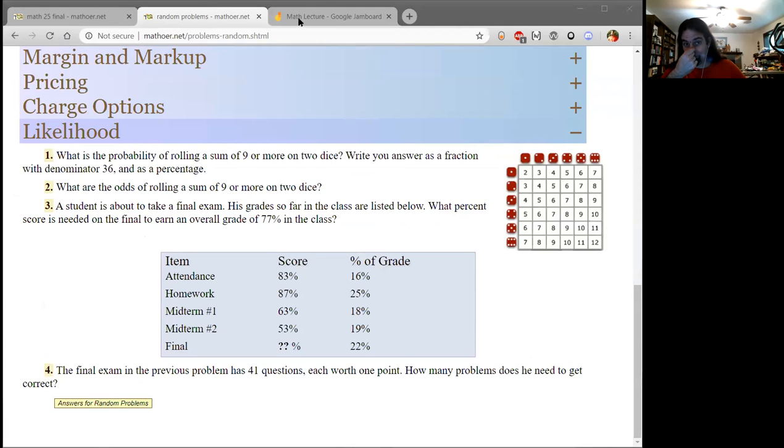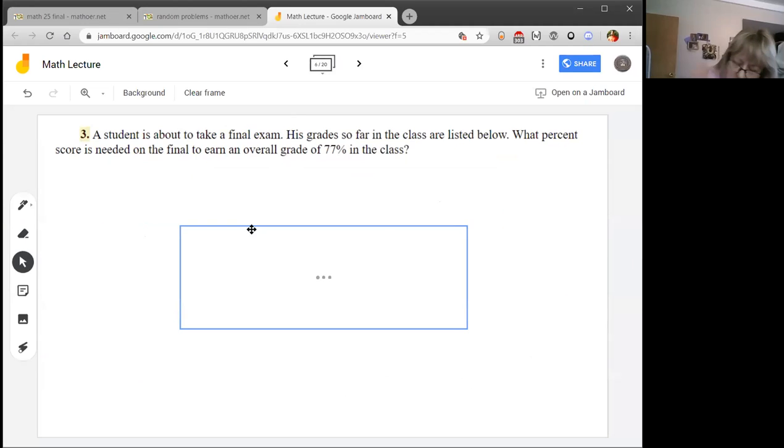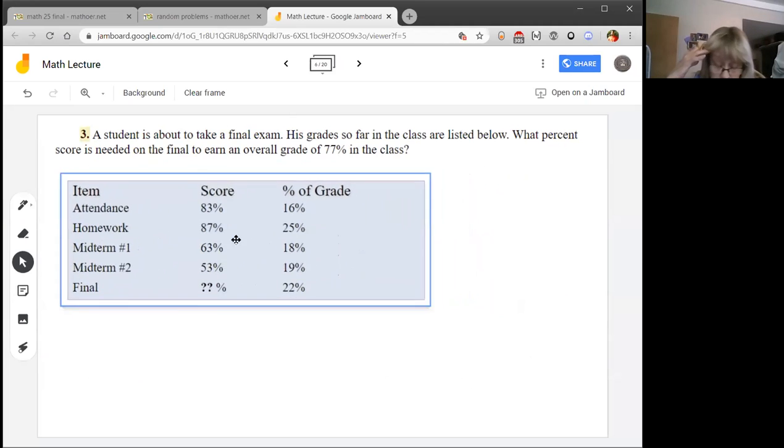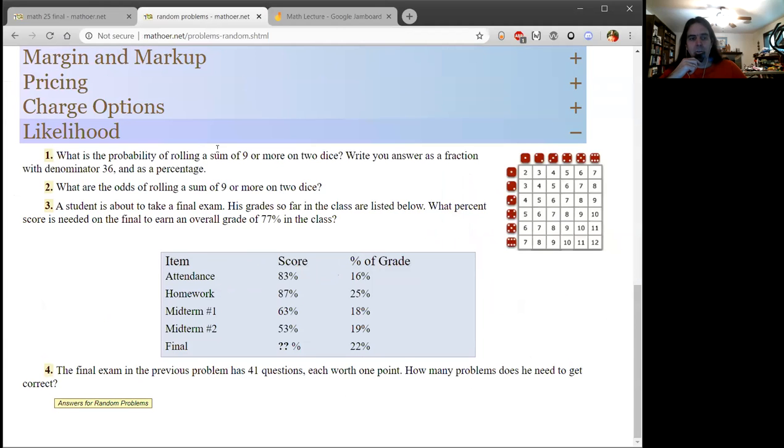Can we do number 6? Number 6 in the turn-in homework.